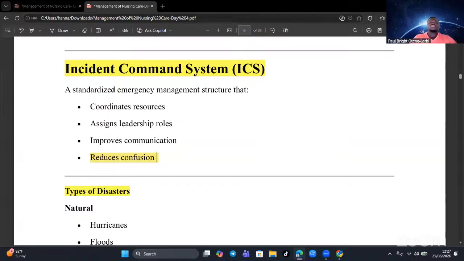So there should be an incident command system to make sure health workers taking care of this patient are not confused and not panicking. The people will assign the leadership roles to us. You take care, somebody should do IV, somebody should do documentation, like the way we do code blue.